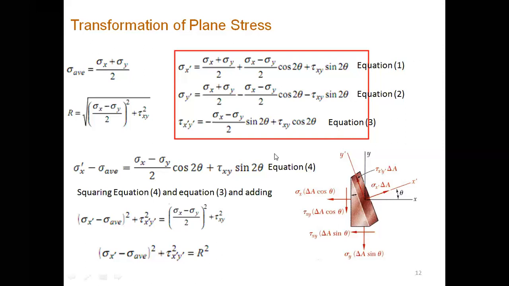So we would get this equation. Further, this quantity we are saying is r square. So r is the square root of this quantity, as I have written here.